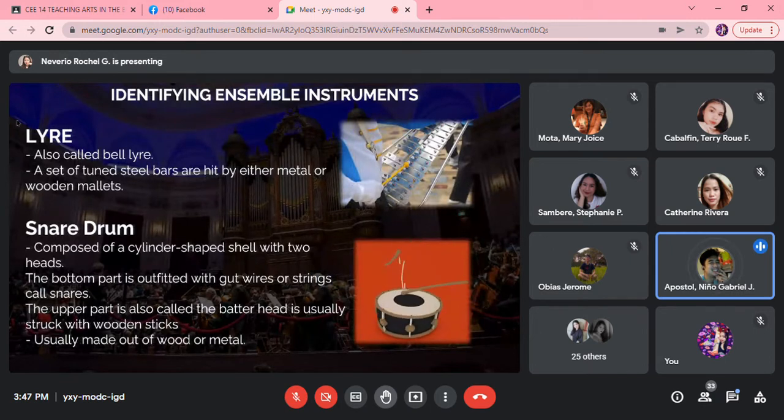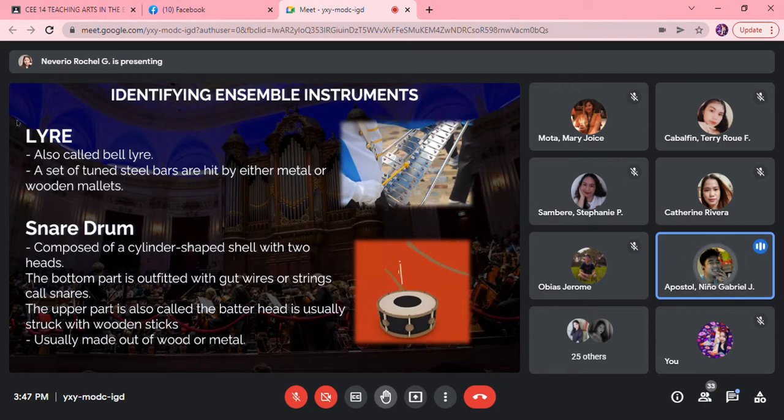Ayan. Yung unang instrument natin is lyre. A lyre, also called a bell lyre, is a set of tuned steel bars hit by either metal or wooden mallets. Bell lyre din yung isang term sa kanya, or bell lyra.